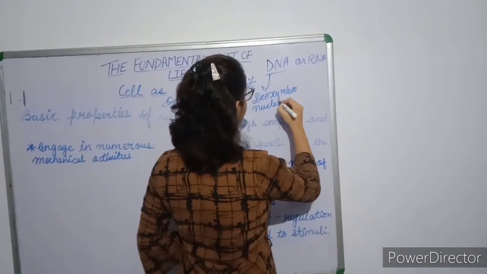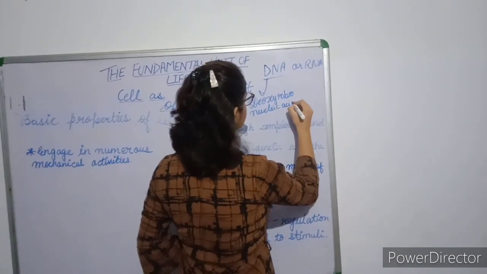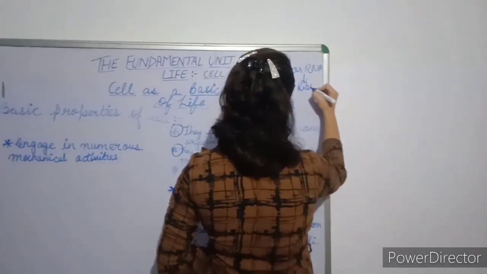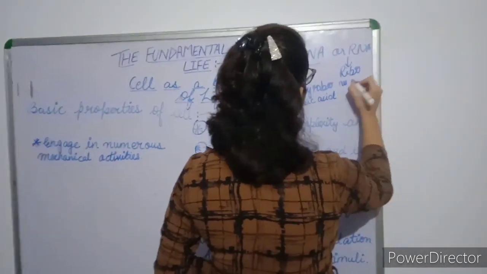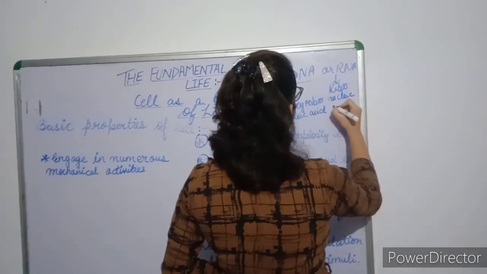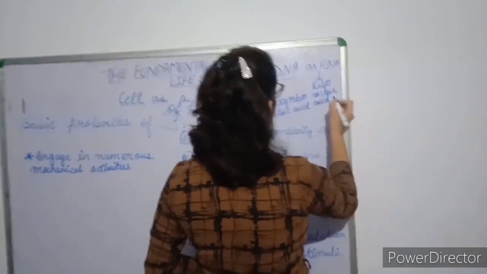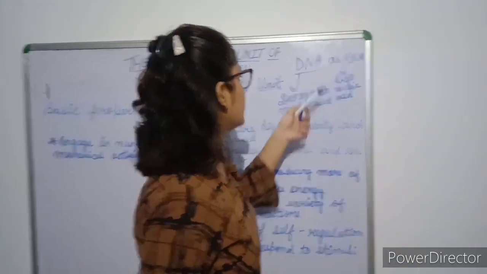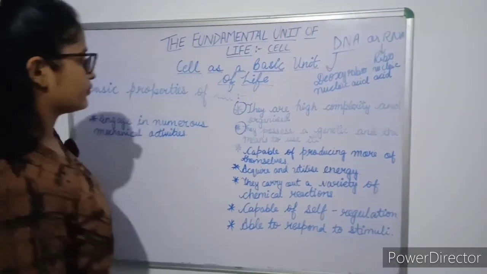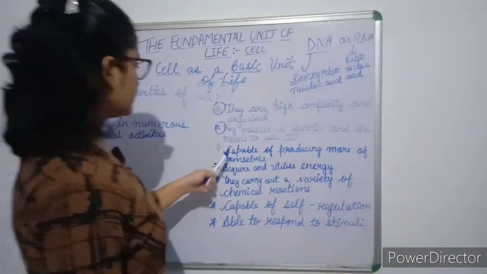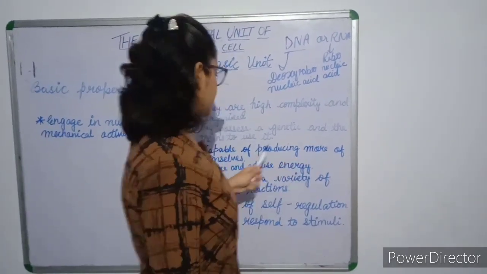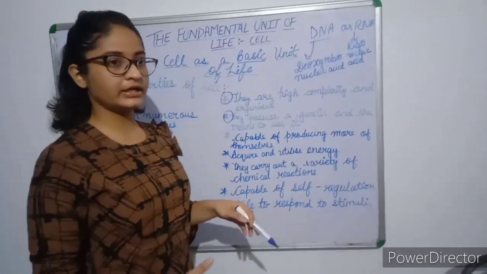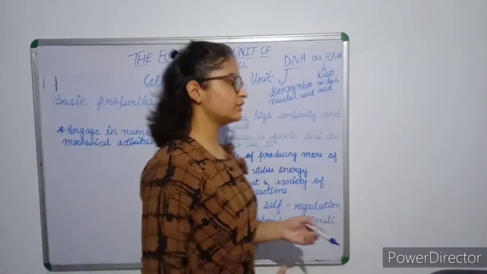In detail, you will be studying this in higher classes, but you should know the full forms first. They contain the genetic material, which is transferred in the form of heredity from one generation to another.